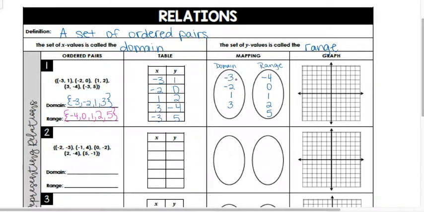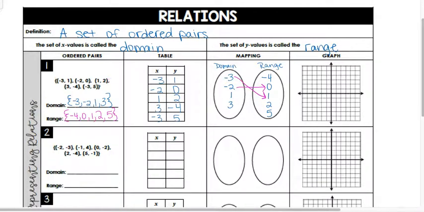Okay, so we have -3 is going to 1, okay? We have -3 and it's going to go to 1. All right, and then over here we have -2 and 0. So we've got -2 to 0.